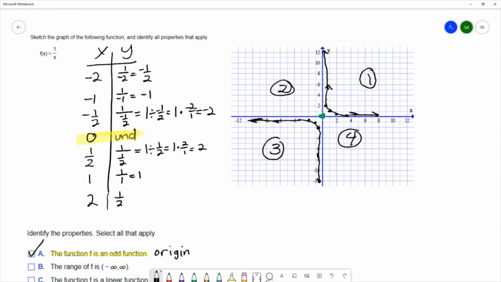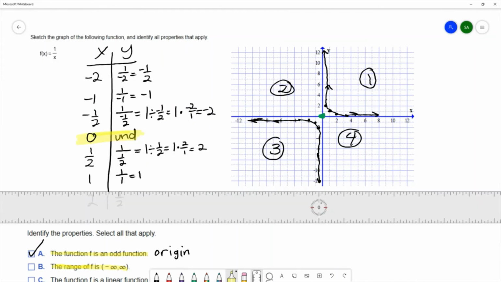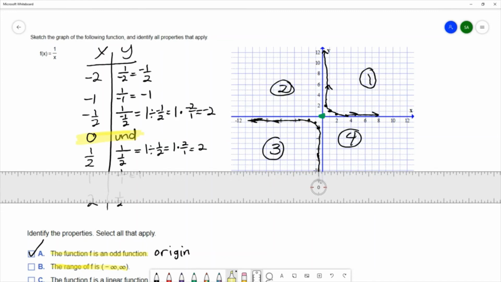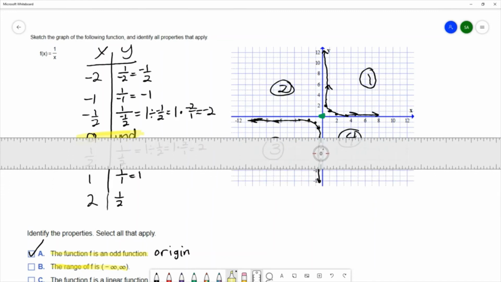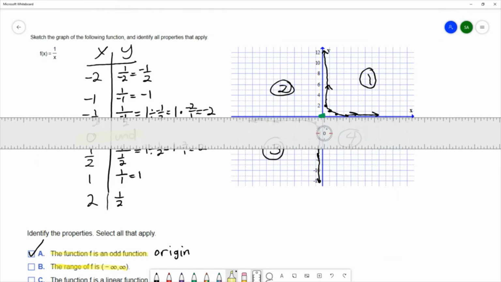The next property says the range of our function is -infinity to infinity. And as I look at this, I'm going to hold my ruler horizontally going from bottom to top, and my range starts at -infinity and continues on, but because of the horizontal asymptote that we discussed earlier, there's a break in the range at 0.